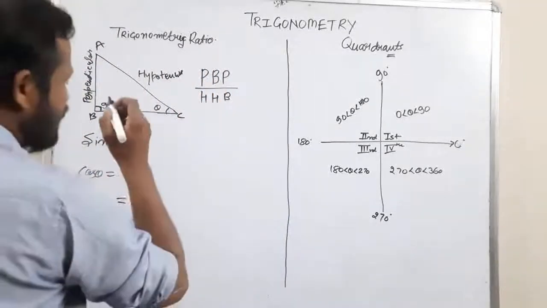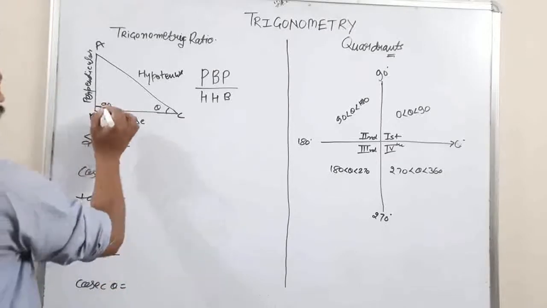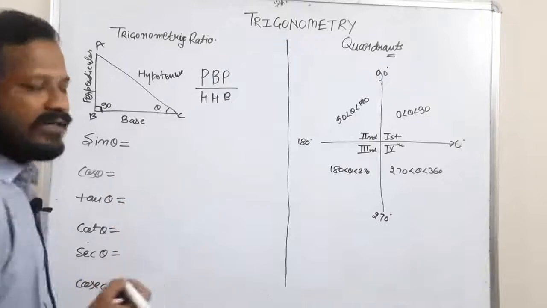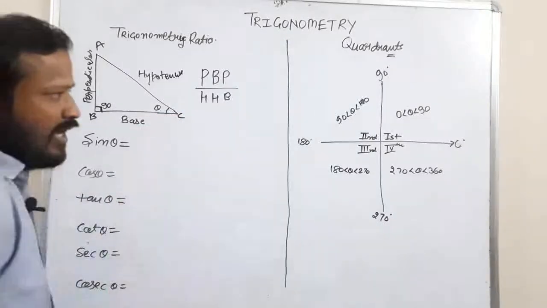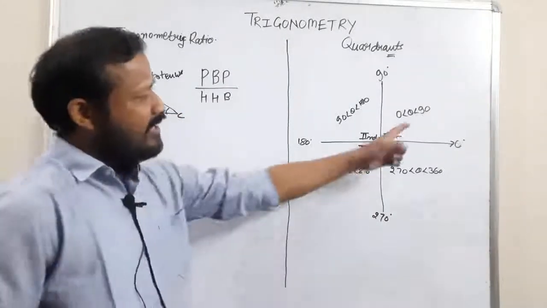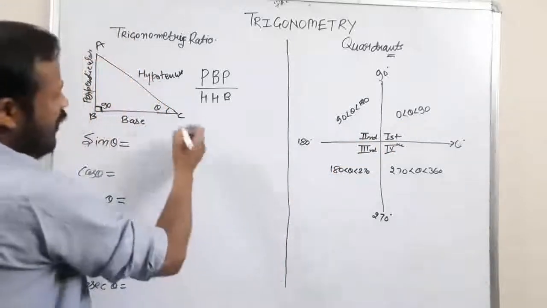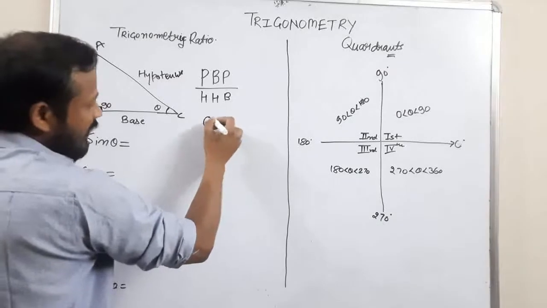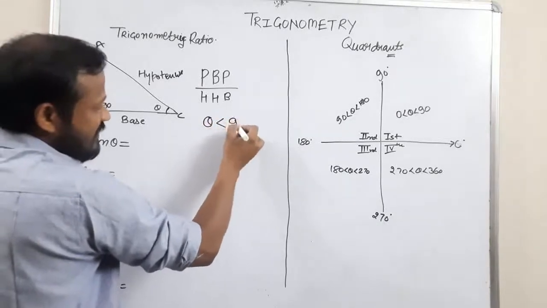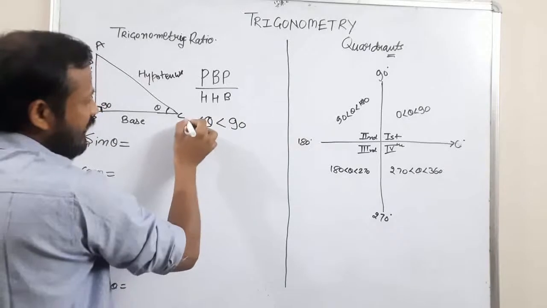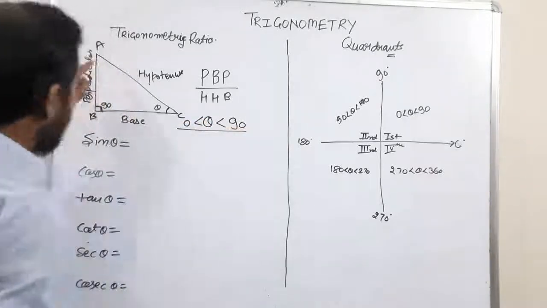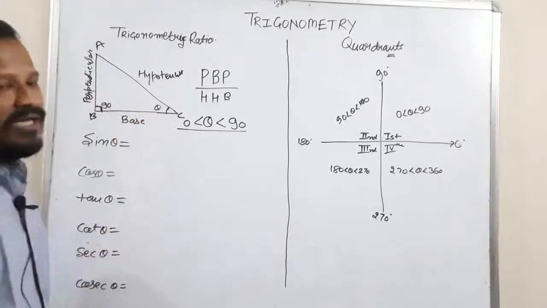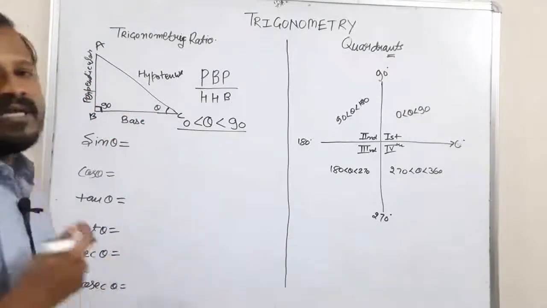A right angle triangle is a triangle in which one of the angles is 90 degrees, and we will consider the other angle as theta. Theta lies between 0 to 90 degrees because it is an acute angle. The remaining angle will be 90 minus theta, because the sum of all three angles of a triangle is 180 degrees.